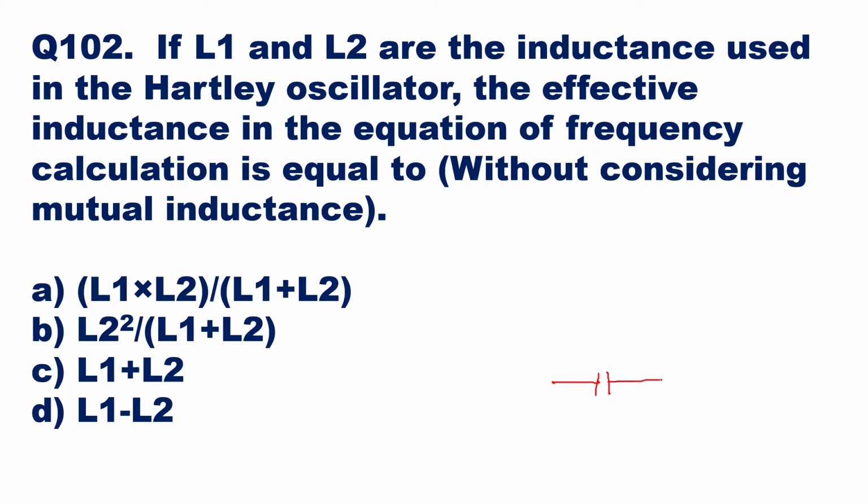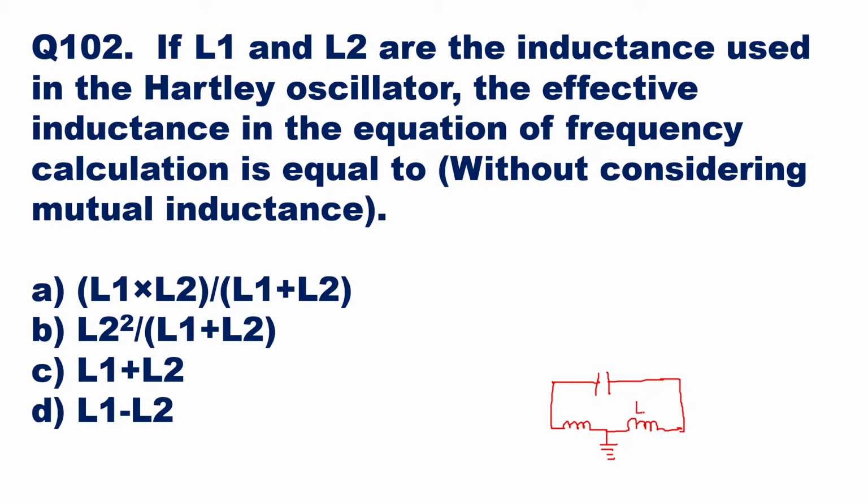So if you see the feedback network, it will look something like this. That is a capacitor. Then you will be having an inductor here. Here you will be having your ground point, and again the inductor here. So the inductor L is split into two.